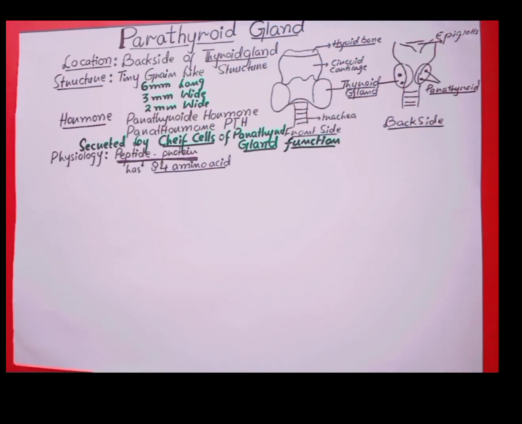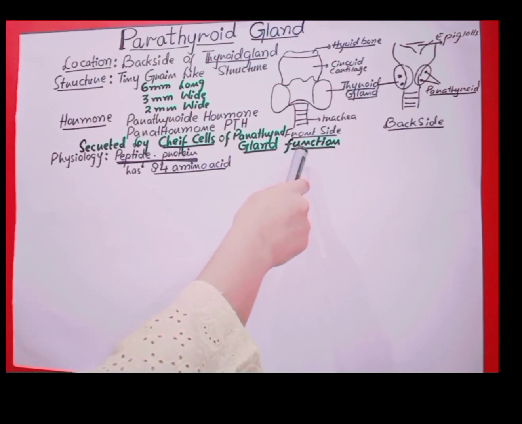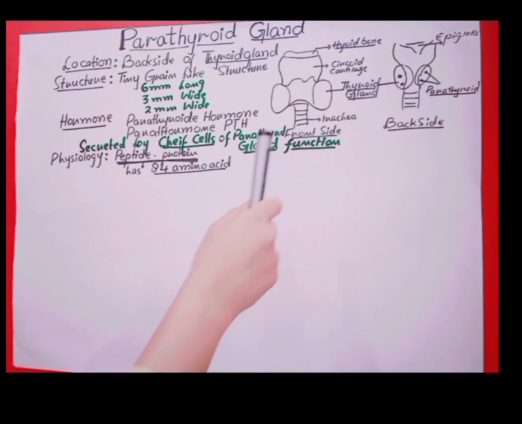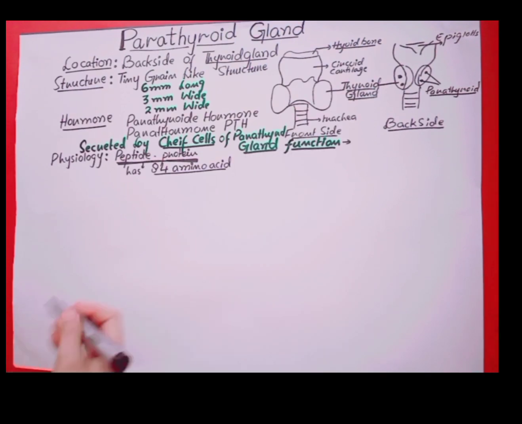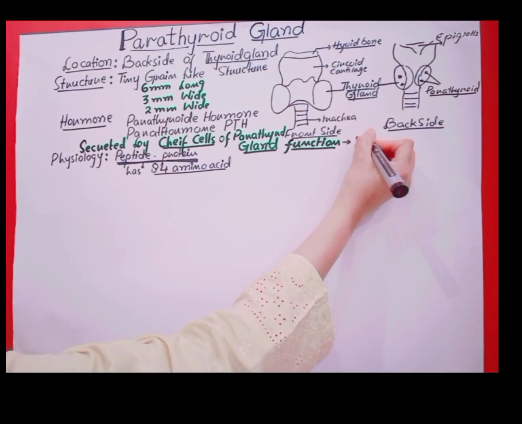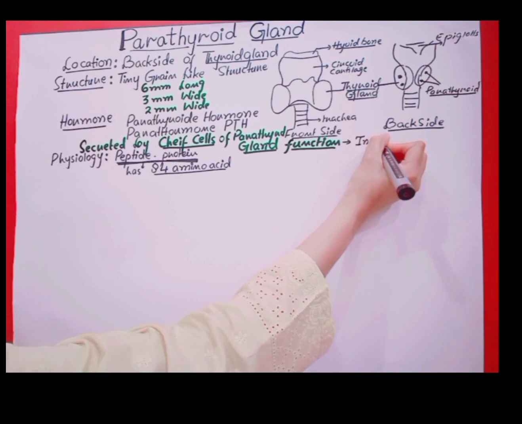The function of the parathyroid gland is totally opposite to the function of calcitonin. Calcitonin is basically a hormone of the thyroid gland which decreases the concentration of calcium in the blood. As I told you in the previous lecture on the thyroid gland, the function of parathyroid hormone is to increase the absorption of calcium.